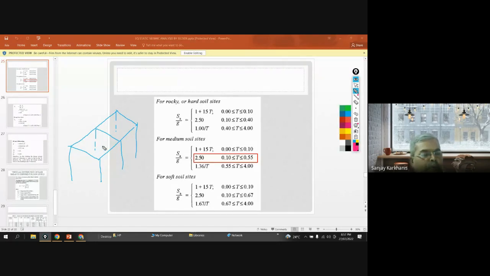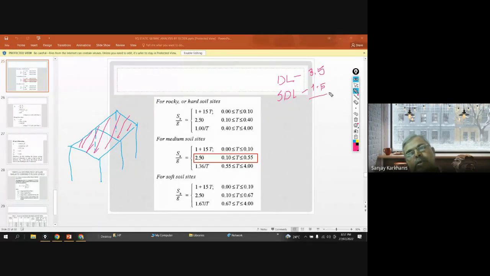Now you are finding out the weight of this floor, which will include DL plus SIDL. Let's say you are getting dead load as 3.5 and you are getting SIDL as 1.5.